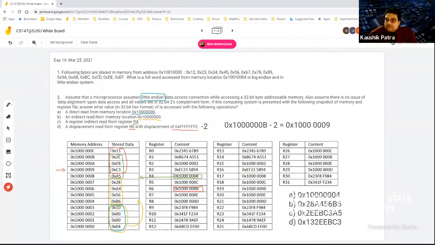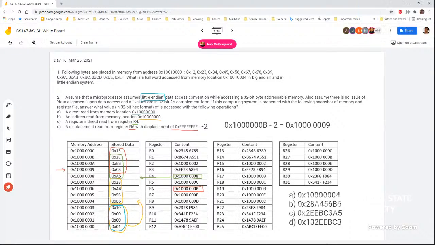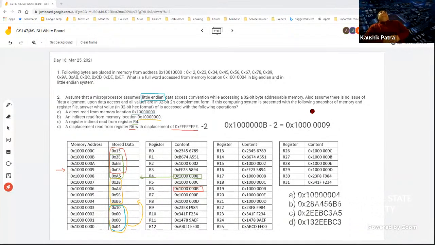Yes, Matthew? I'm wondering, do you have a fast method for converting 32-bit 2's complement into decimal without the calculator? That's a good question.